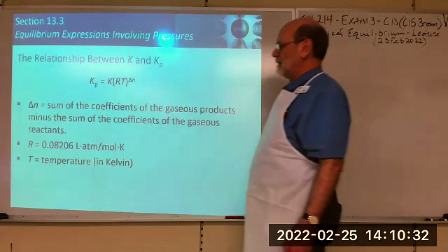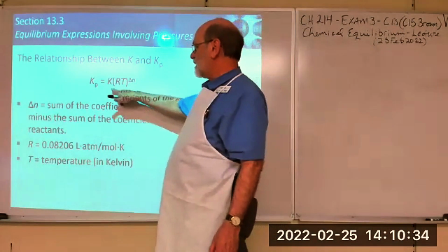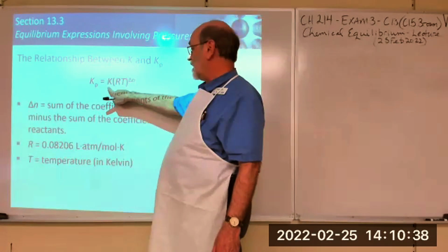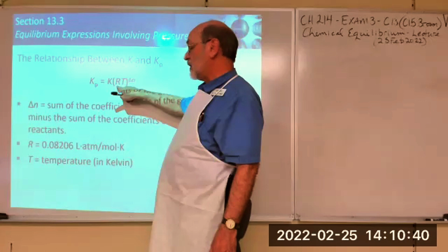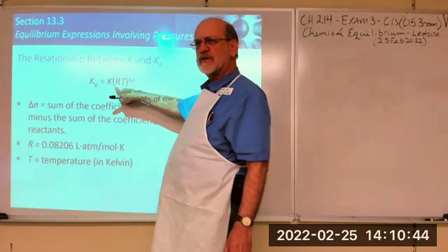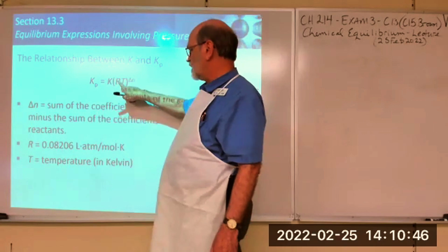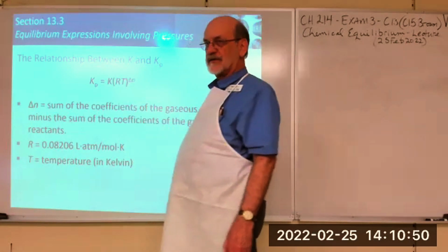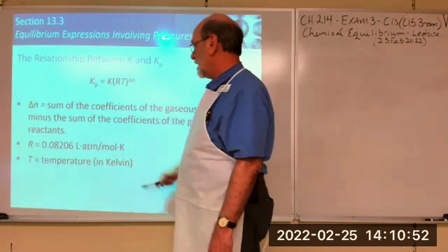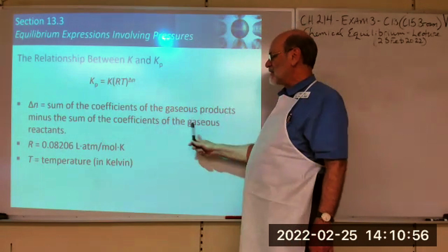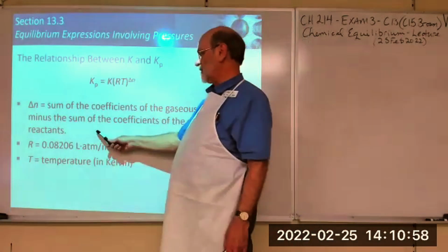Now they are related. If you know the equilibrium constant in molarity, then you need the gas constant, which is the 0.08206 version, you need the temperature in Kelvin, and you need this delta N. So what does the delta N mean? It's the sum of the coefficients of the products minus the sum of the coefficients of the reactants.